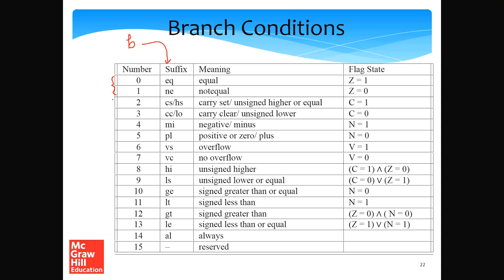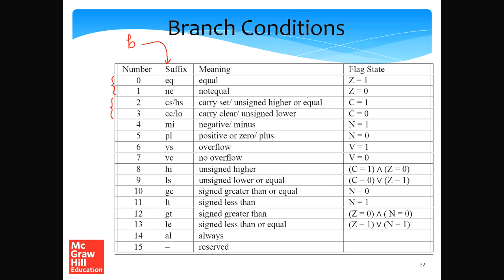Now let's take a look at one more pair of conditions which are very interesting. Let's consider HS. HS means unsigned higher or equal. When we take two 32-bit numbers, we disregard the sign bit and think of them as unsigned numbers, and we compare them.